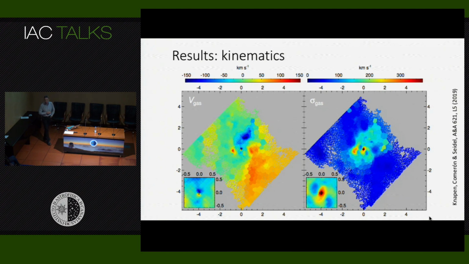That's what we also see in the ALMA data and the CO data. So the gradient is roughly left to right here. But then we got this plume in the same direction, the same area where we saw the strange line ratios, that has relatively low velocities. So there's something going on in that area. We think it's a jet, a one-sided jet from the AGN.